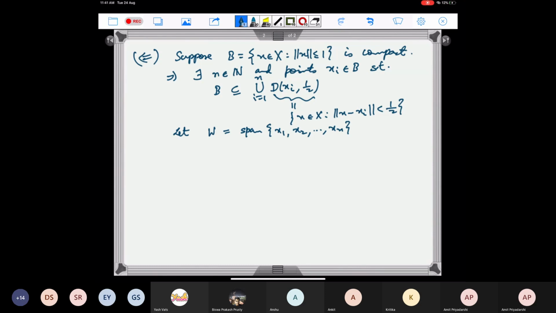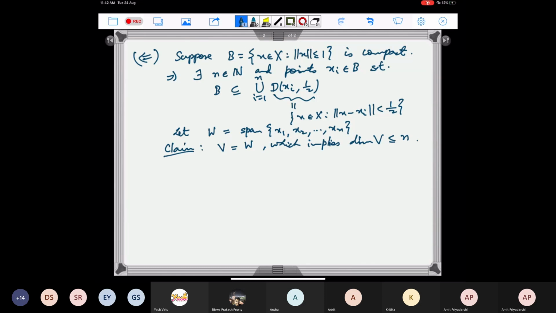So claim is that X is same as W, which implies the dimension of X is less than or equal to n. Right. Because W is a finite dimensional subspace, we are taking only finitely many vectors and its span. So dimension of W is less than or equal to n.